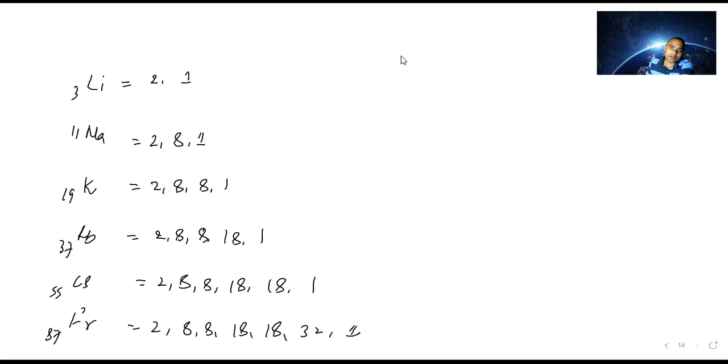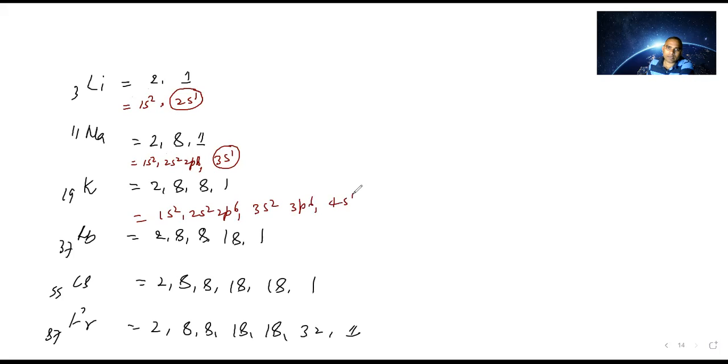Okay, let's do the orbital configuration. 1s2, then 2s1. Then 1s2, 2s2, 2p6, and last one 3s1. Then 1s2, 2s2, 2p6, 3s2, 3p6, 4s1. See, everywhere it is coming s1. Here it is 5s1. For this one it is going to be 6s1.